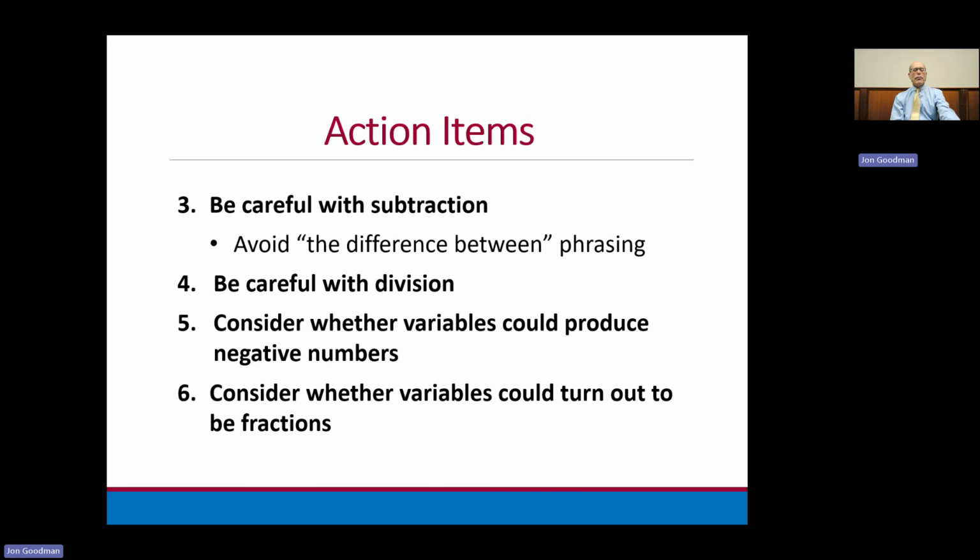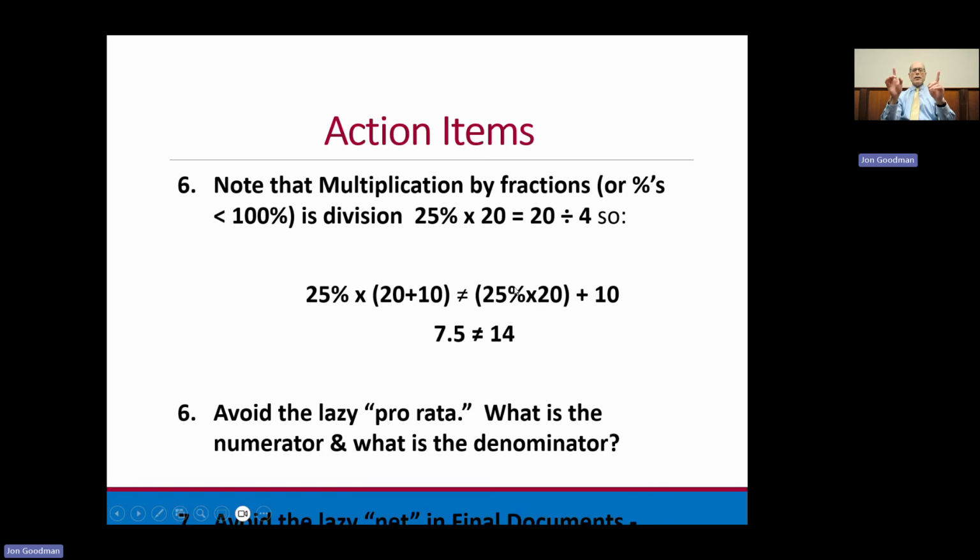Also consider whether variables could turn out to be fractions. And the reason it's relevant to understand whether numbers could turn out to be fractions is because, well, with multiplying, 2 times 3 equals 6. 3 times 2 equals 6.